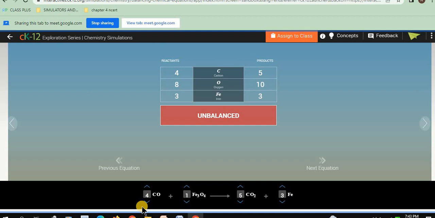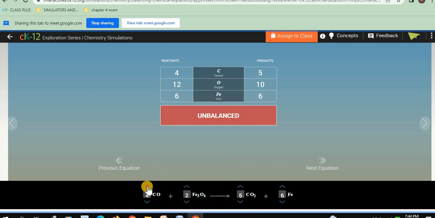Then again problem here. Then you have to multiply by 2. How many iron this side now? 6. Now 6 iron balance. Now iron is balanced. Carbon not balanced now.